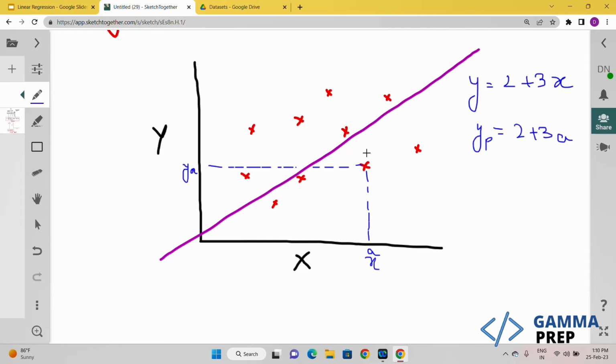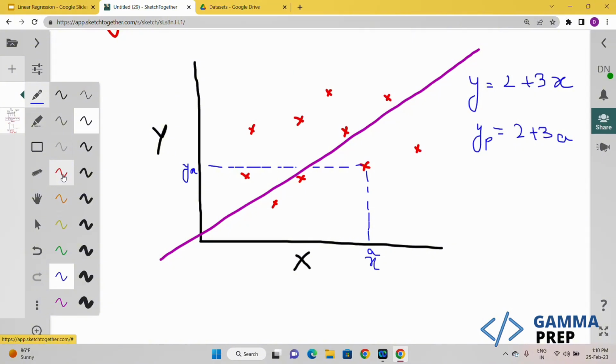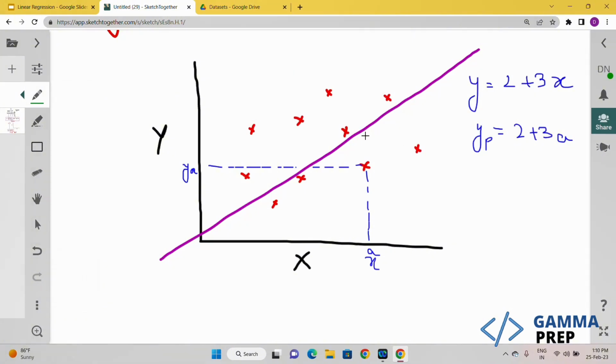And what will be the y predict? The y predict would be basically wherever this x intersects with this model, the purple line. So this is going to be y predict.